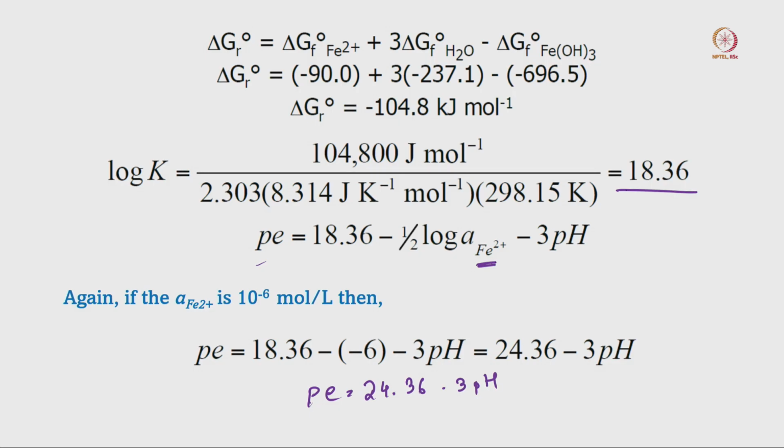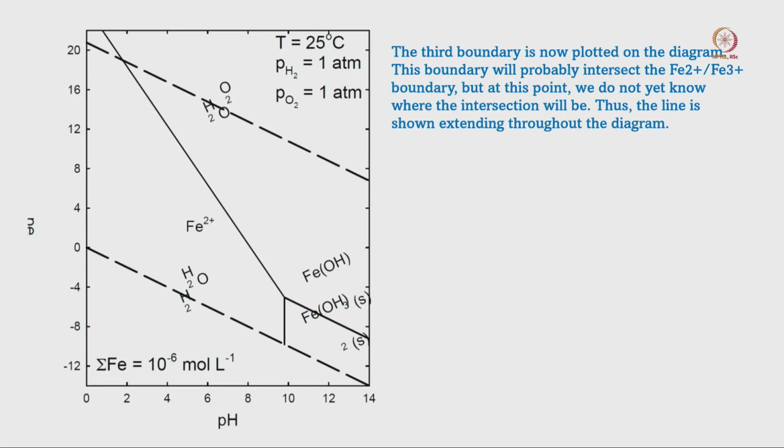So, this is my intercept, 24.36, and minus 3 is my slope.